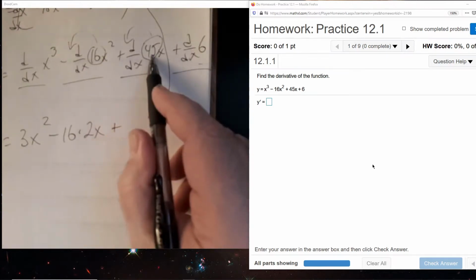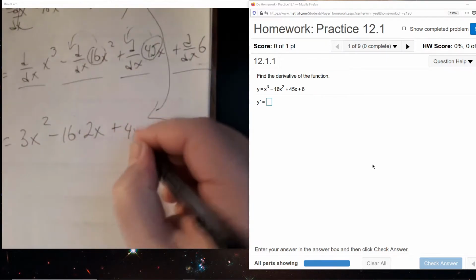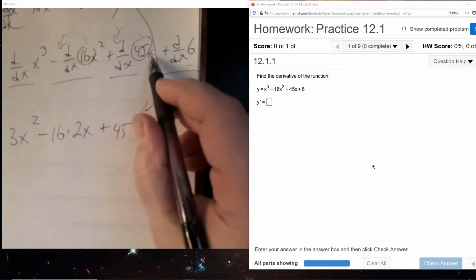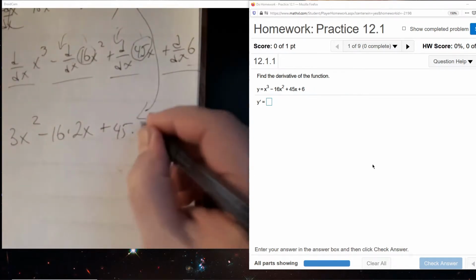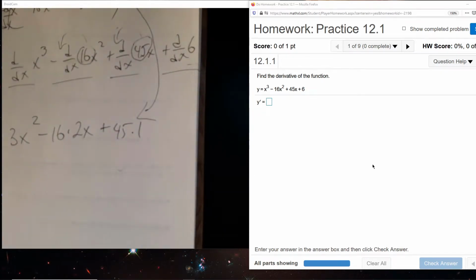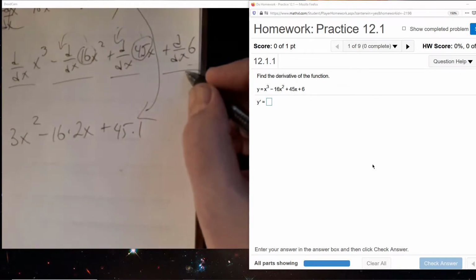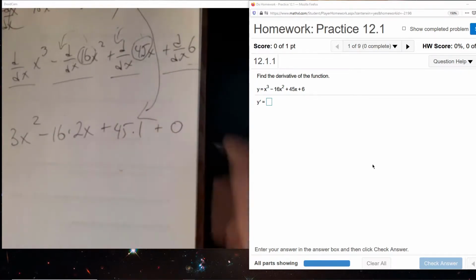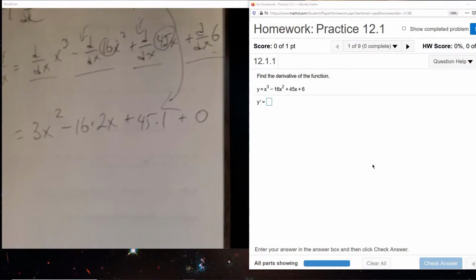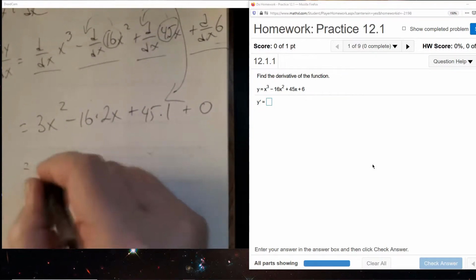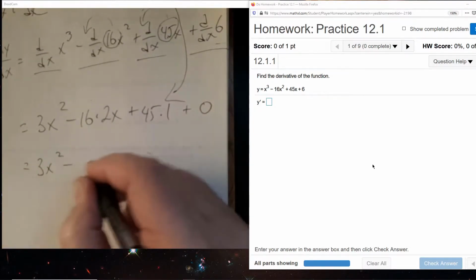And the 45 pulls out of the derivative. And then the derivative of x is 1. And then the derivative of a constant is 0. And so we're left with cleaning it all up.